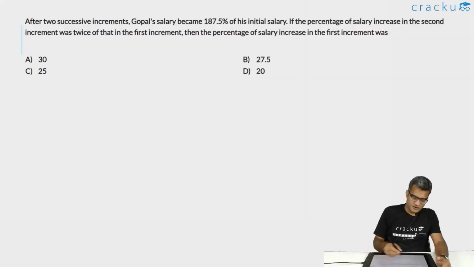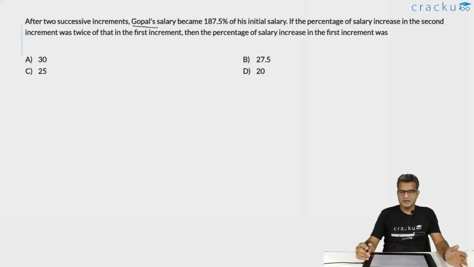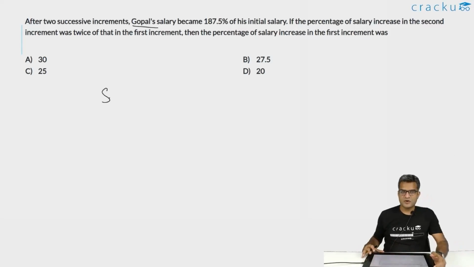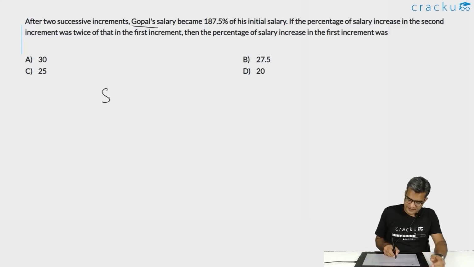In this question, we are told that after 2 successive increments, Gopal's salary became 187.5% of his initial salary. Let us assume that his initial salary is S. So after the 2 increments, his salary became S into 1.875. Now 1.875 you would know is equal to 15 by 8.